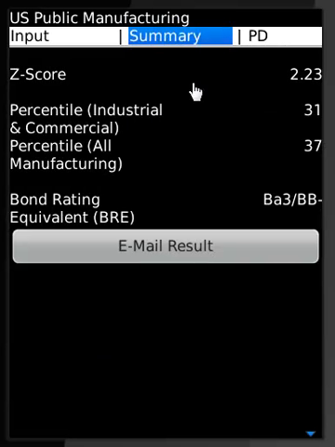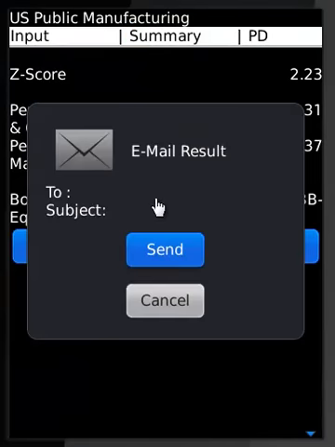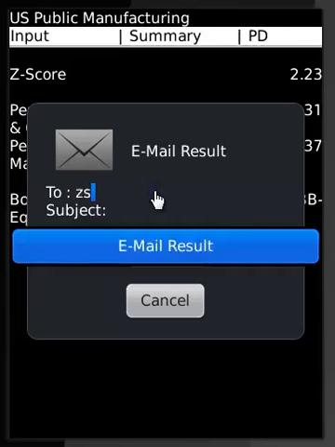So this is the summary. We see the Z-score, percentile within industrial and commercial sector, percentile within all manufacturing sectors, and bond rating equivalent. So here we could actually send the email to ourselves.